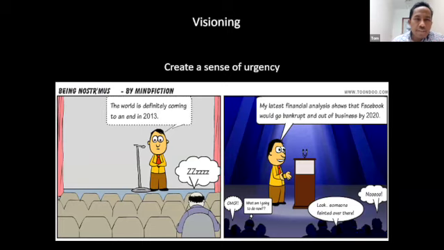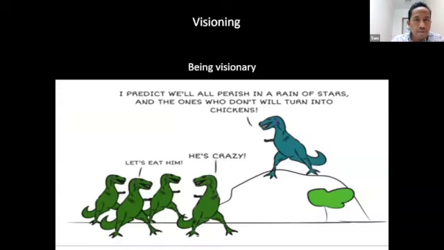Visioning is also creating a sense of urgency for change, because you have to mobilize people, stakeholders, to share your vision. But being visionary also takes courage, as we see in daily life, but also in personal lives.